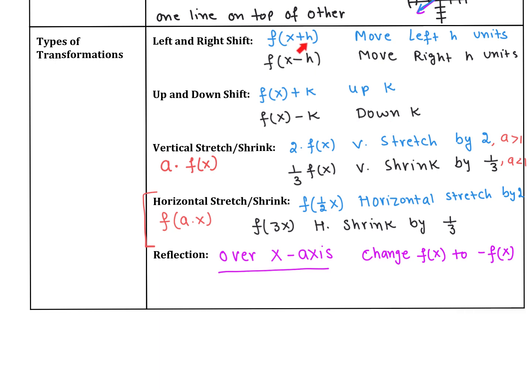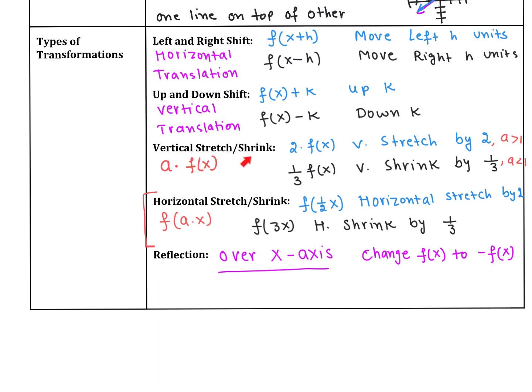So left and right, or horizontal translation, is inside and is used for moving the graph left or right, and for up and down, which means the vertical translation, you're going to have the number that is outside of the function.